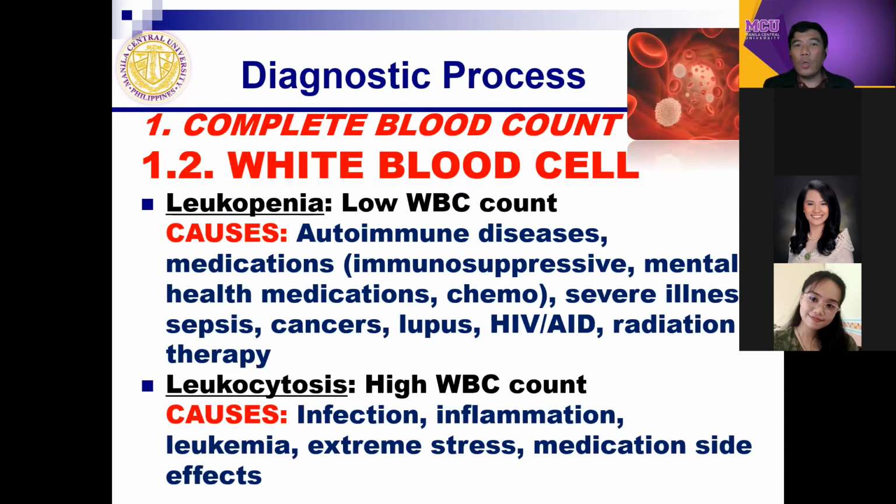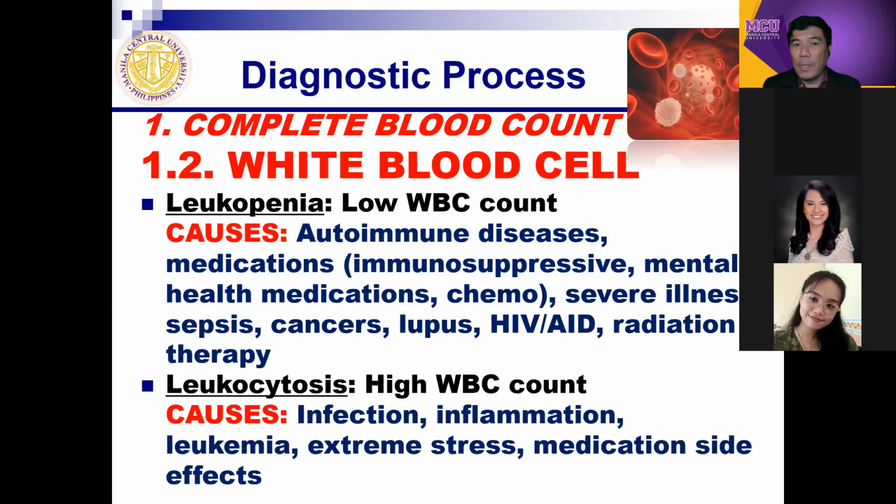So usually autoimmune disease, medications. Kaya as nurses, you will need to ask kung ang patient niyo ay nagte-take ng any medications that may cause a problem and may cause suppression of the immune system. Pag nagko-cause yan ng suppression ng immune system, lalo na for example, chemotherapy drugs.